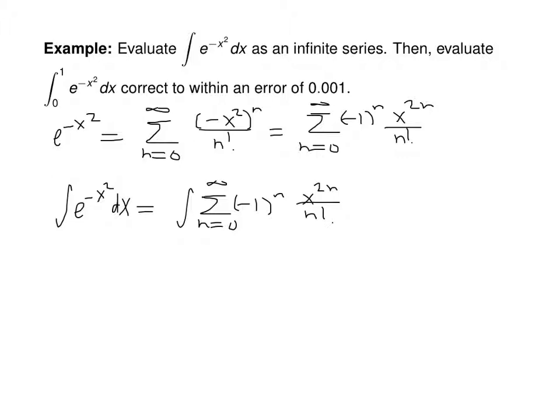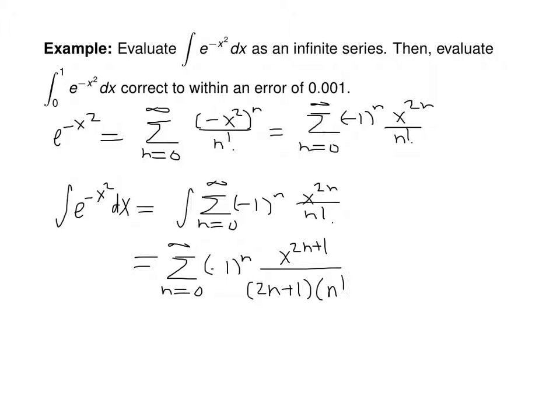When we antidifferentiate, it will be a sum from 0 to infinity, still negative 1 to the n, but now it's x to the 2n plus 1 over 2n plus 1 multiplied by n factorial. And now if I wanted to find the integral from 0 to 1, I can take that series, evaluate it at 0 and at 1, and subtract the difference.